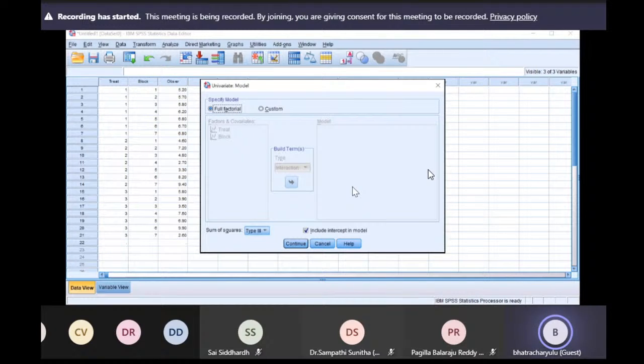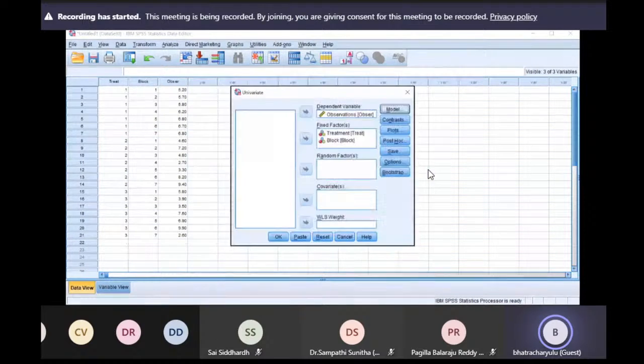So this is full factorial and custom. Okay, and Type 3. Just include the intercept in the model, don't select it. A tick mark, this is right. Continue. If you are including this one, then it will display the value. Otherwise it won't. Next you go to the options.